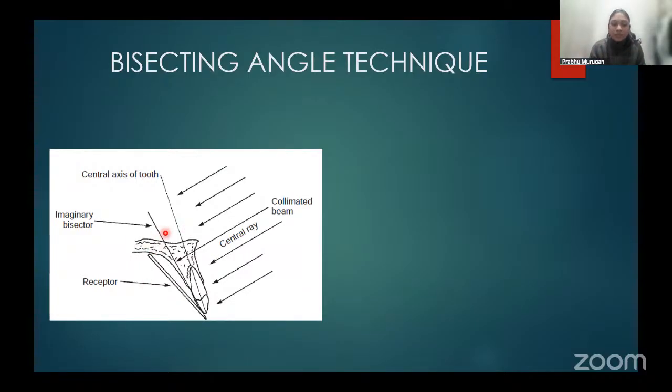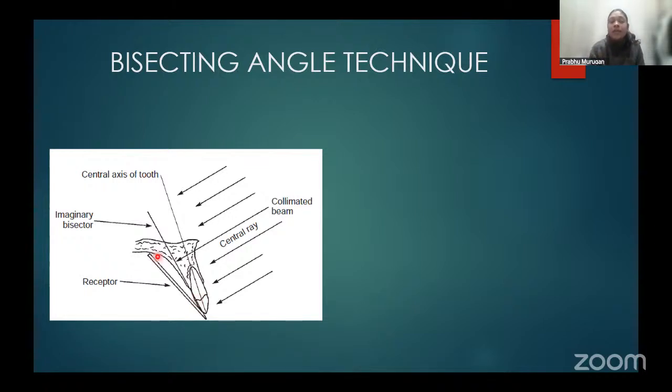Okay, so this will be one triangle and this will be another triangle. If an imaginary bisector line is drawn between the receptor and the long axis of the tooth, it should divide it into two equal triangles. This is Cieszynski's rule of isometry. So the central ray will again be almost perpendicular, but it is slightly angulated, right?